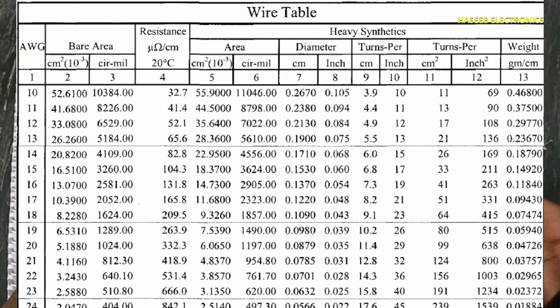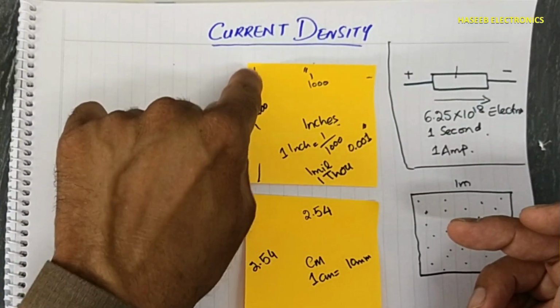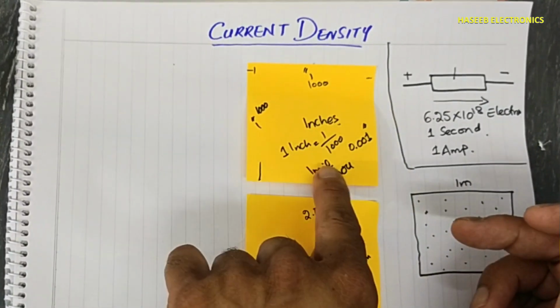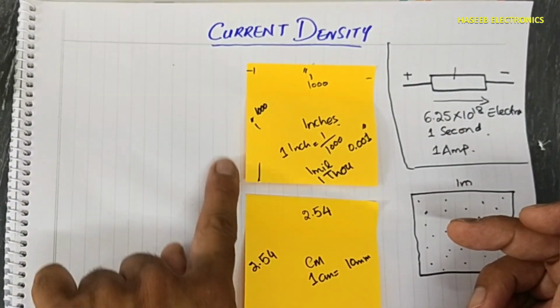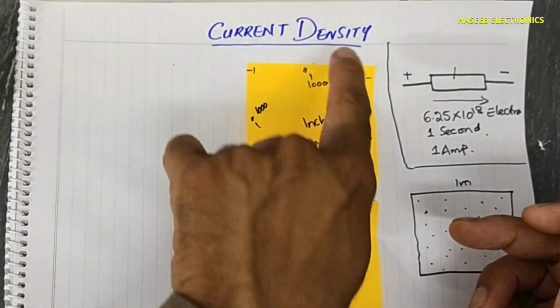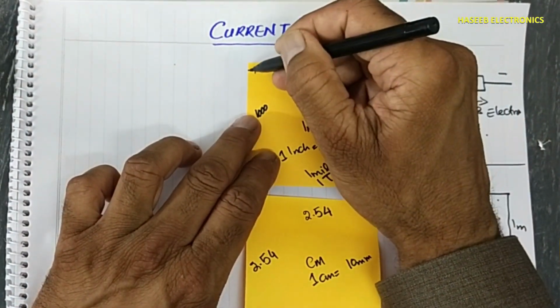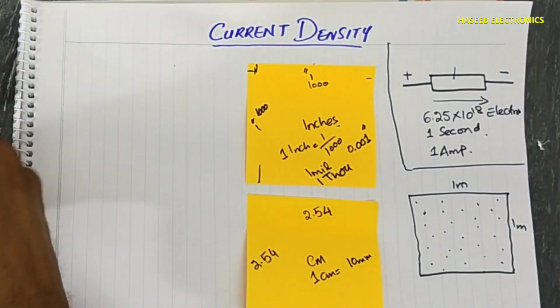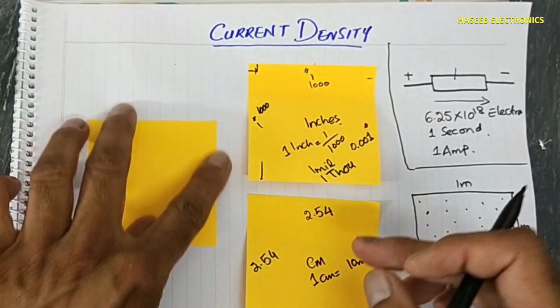25.4 millimeter. When we see the wire area chart, we see copper bare area, that is without insulation, always shown in thous, mils. So it is 1000 by 1000 mils square, because when we say square, that means length and width. This 1 thou or 1 mil length and width, we will bring it here.